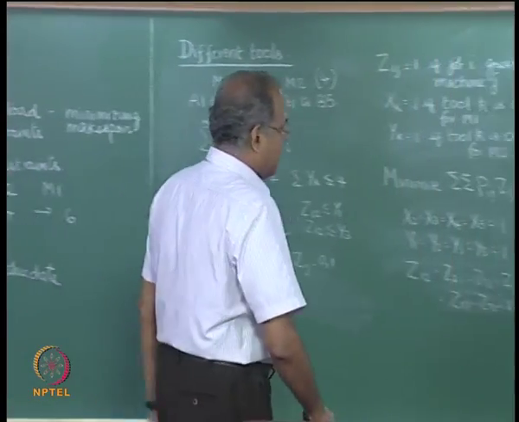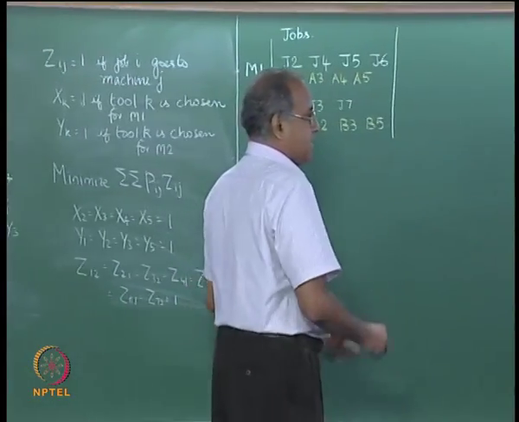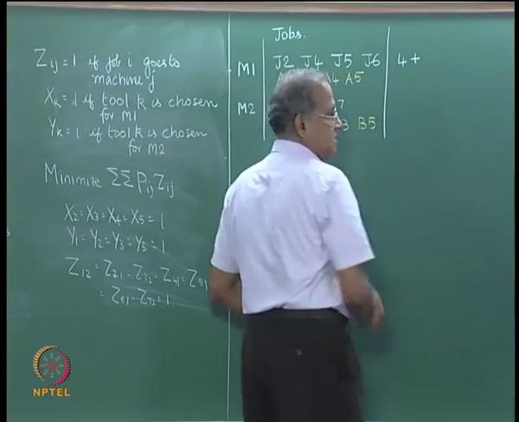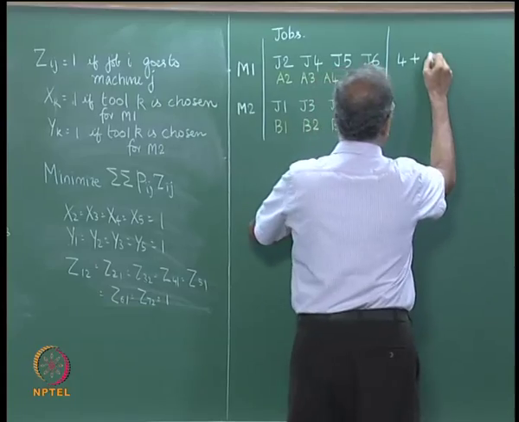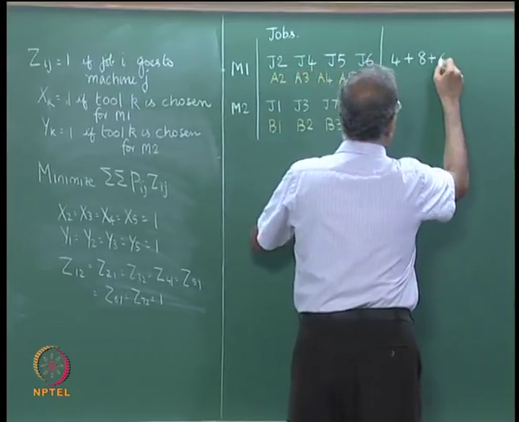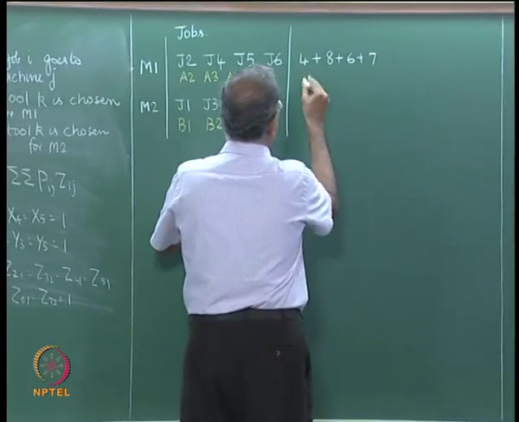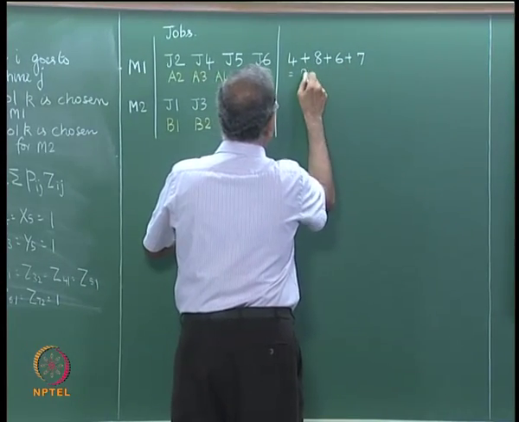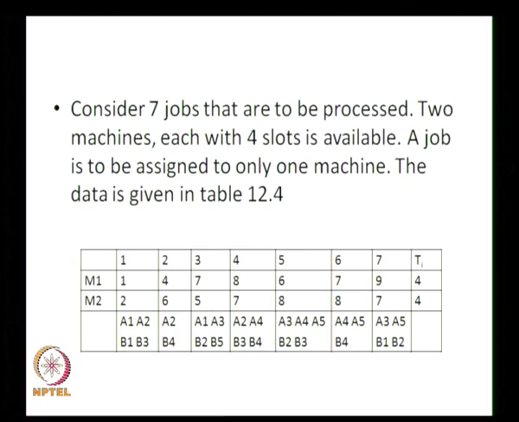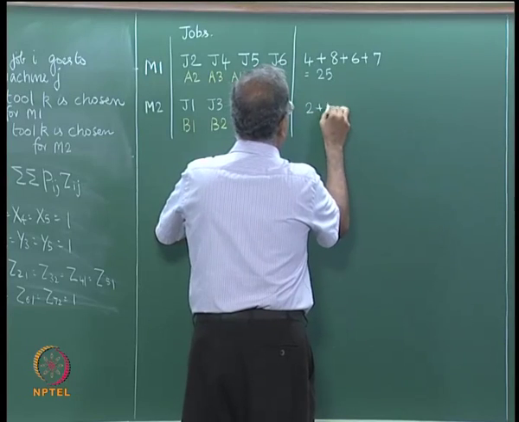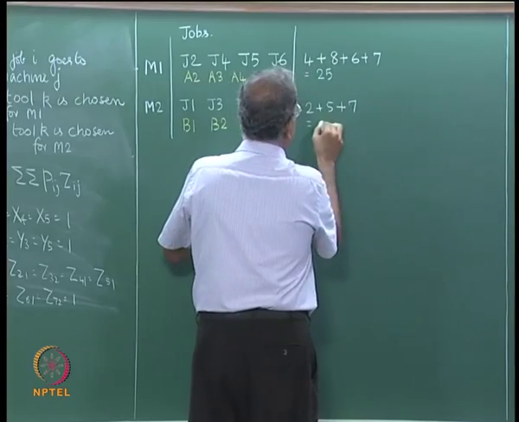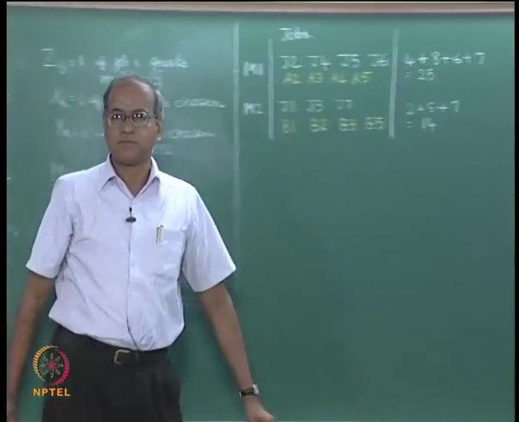Now, the times are, for M1 it is J2 which is 4, J4 which is another 8, J5 is 6 and J6 is 7. So, this is equal to 12, 18 plus 7, 25. For M2, 7 and 2 plus 5, 7 is 14.